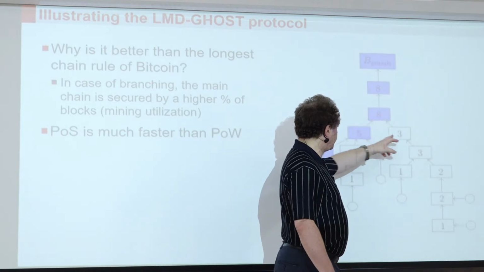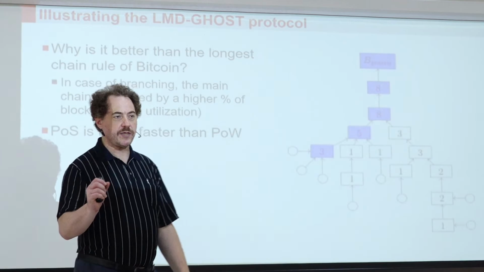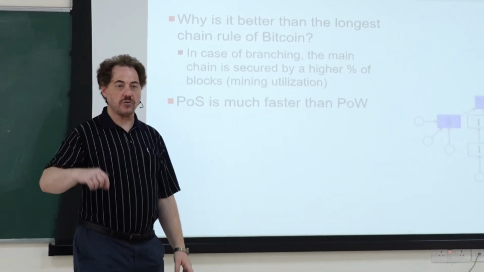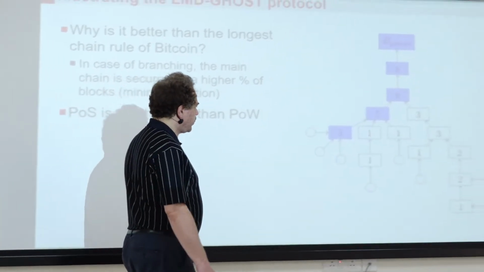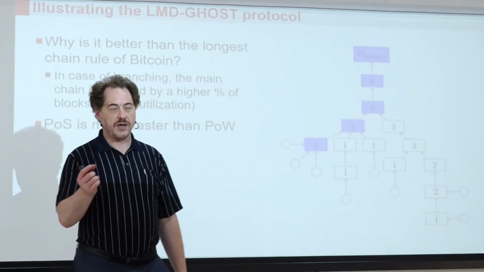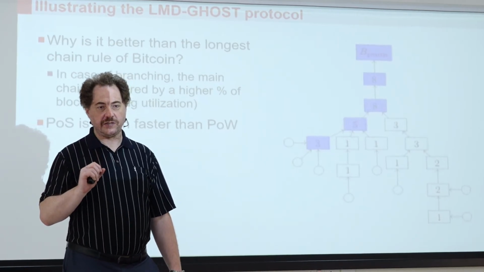This one is 5 plus 3, 8. So we calculate the weights based on the amount of later blocks. And then, if there is a branching, we select the version of the block with the biggest weight.